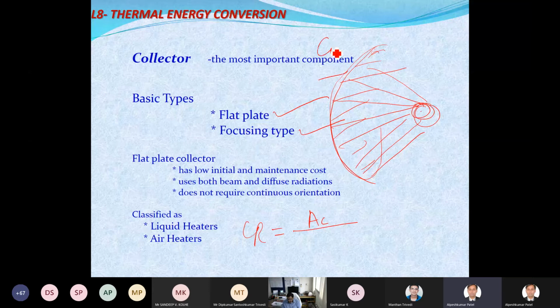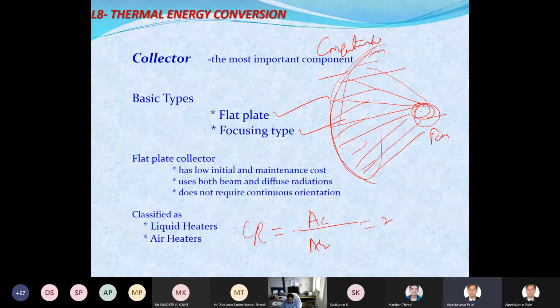I call this the concentrator, where the solar radiation is falling, and this is the receiver. So this is the area of the receiver. If the concentrator area is double this, the concentration will be 2. If it is 4 times, it will be 4. If it's 100 times, it will be 100.